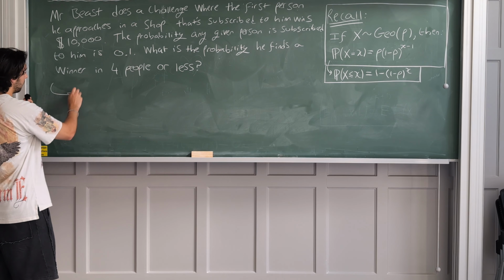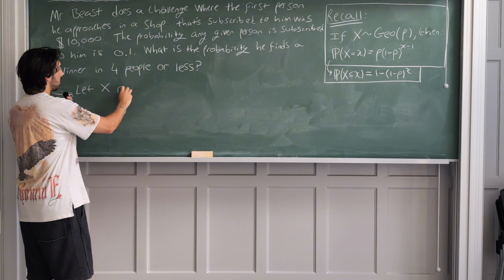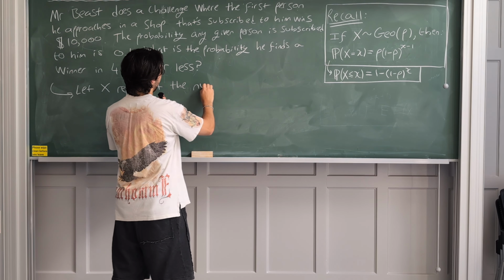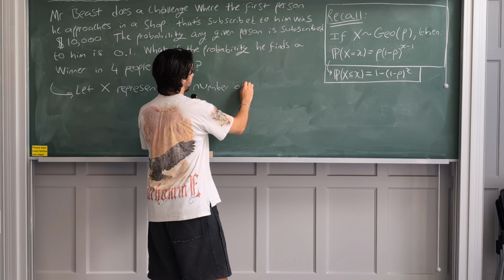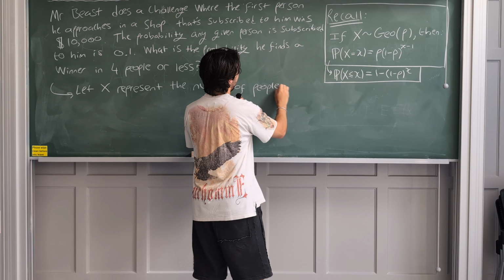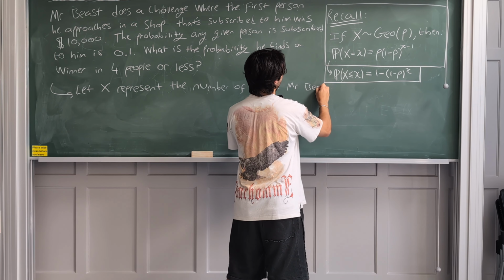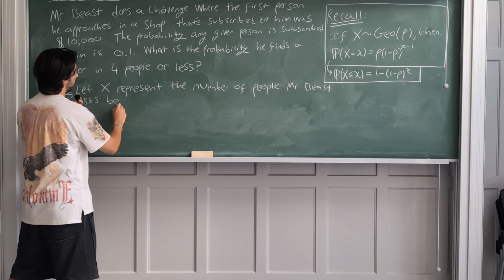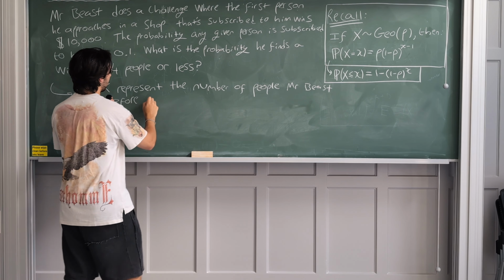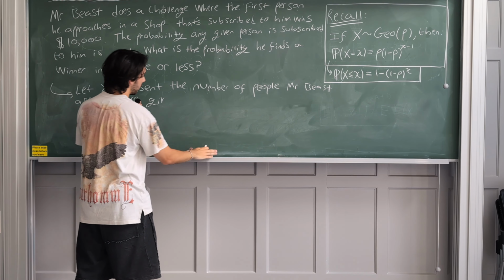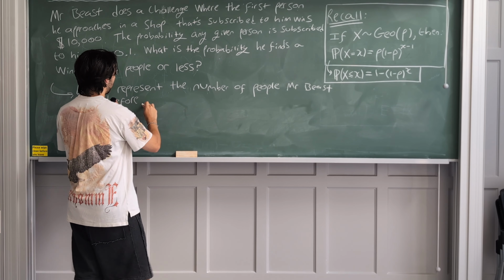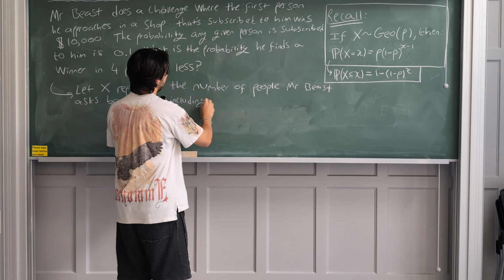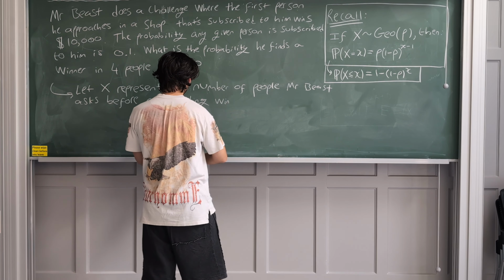So I'm going to say let X, capital X, represent the number of people or shoppers that Mr. Beast asks before and including winning the money, or giving away the money, I should say as well.